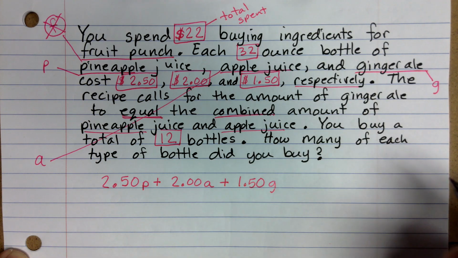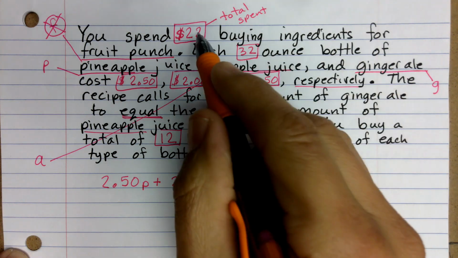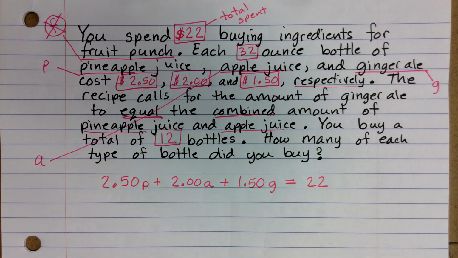So I'm going to put a G after it because it's $1.50 times each ginger ale bottle, and this is all going to be equal to our total of $22. So that's our first equation right there.